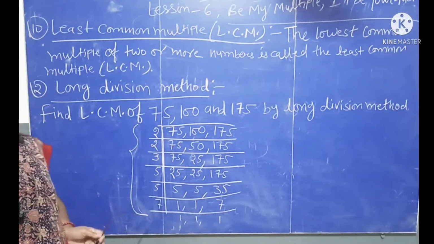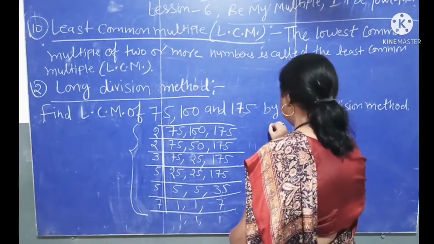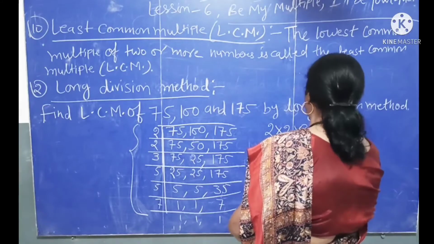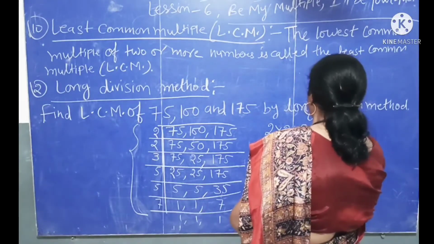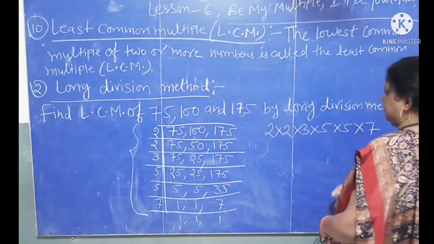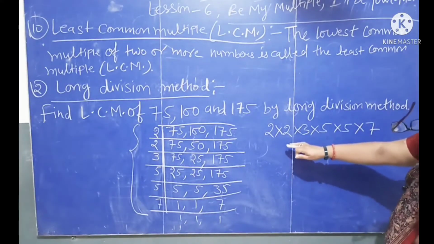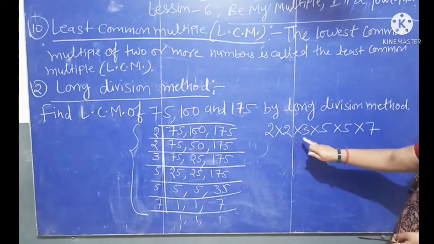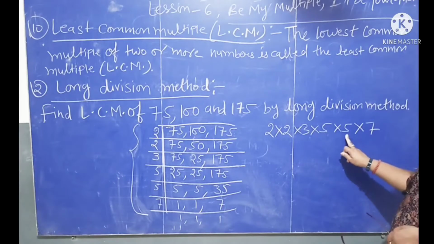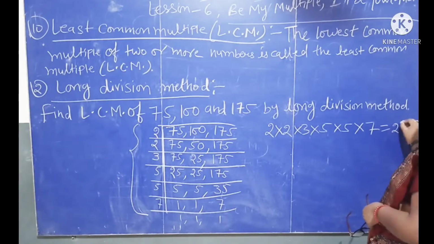Let's find the LCM. So first we write the prime factors here. 2 multiplied by 2 multiplied by 3 multiplied by 5 multiplied by 5 multiplied by 7. We multiply all together. We multiply the factors. 2 2s are 4, 4 3s are 12, 12 5s are 60, 60 5s are 300, and 300 7s are 2100.